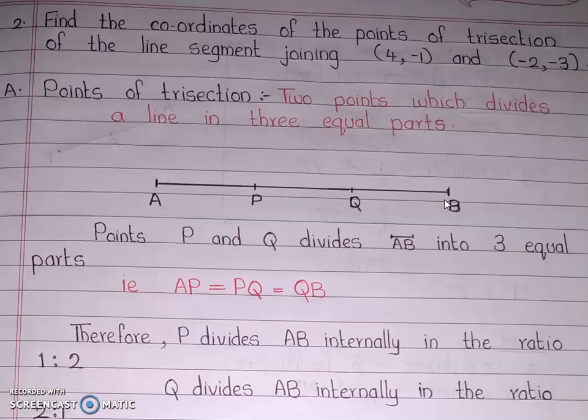So what is the ratio in which the point Q divides the line segment AB? It is 2:1. This should remain in your mind. That is, if you are taking the points of trisection, the first point divides the line segment in the ratio 1:2 and the second point divides the line segment in the ratio 2:1.